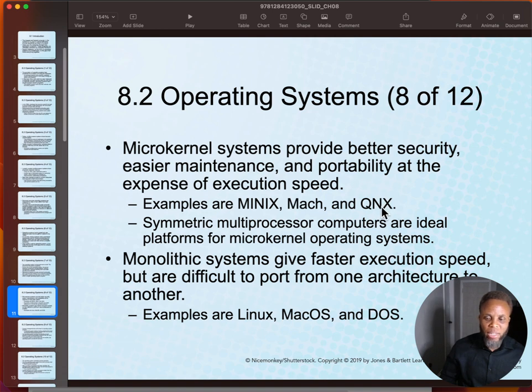This is typically, I think, a real-time operating system. That would be a microkernel. And stuff like Linux, Mac OS, DOS, these ones are monolithic kernels, right? And then if you think about iOS, that'll be monolithic as well. Android as well will be monolithic. And these ones are not hard real-time operating systems.